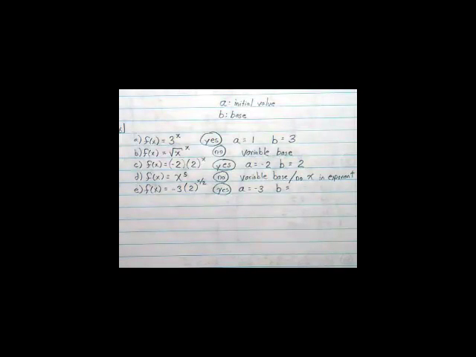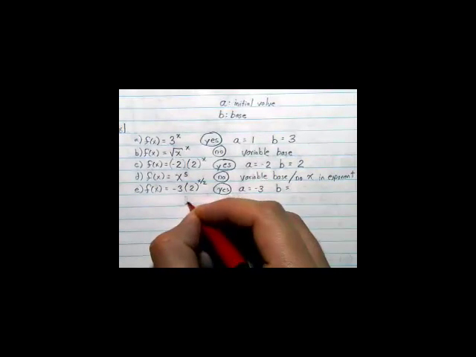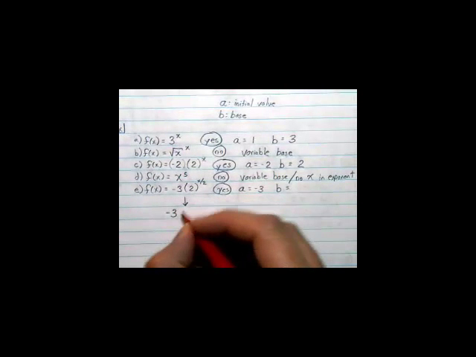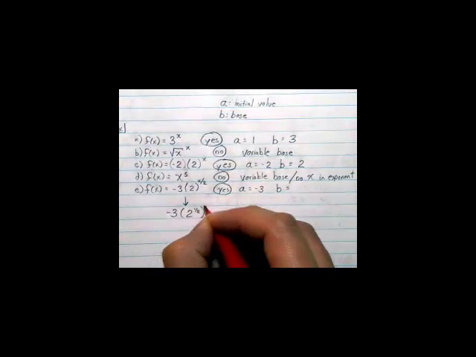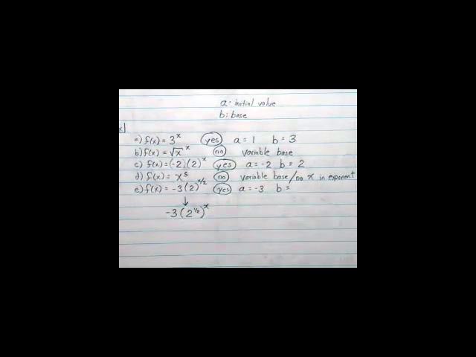Does everybody see why that is? Right here, I have 2 raised to the x over 2. I can rewrite that as negative 3 times 2 to the 1/2 to the x. Does everybody see that? That's a rule of exponents you guys have learned before, right? In Algebra 2, you talked about that.